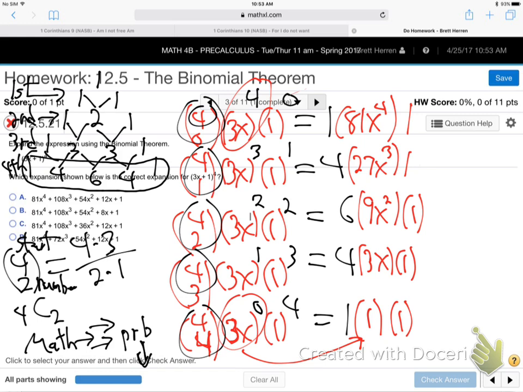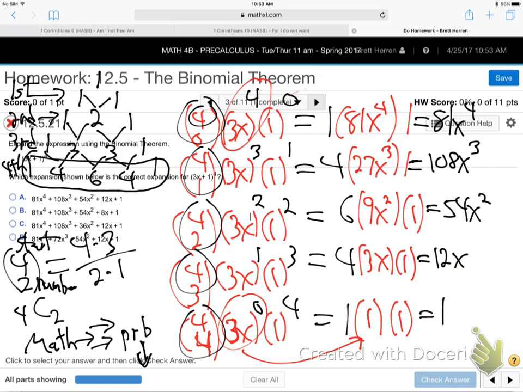All right, put it all together. What do we got? This is 81x to the 4th. This is 4 times 27. What's that? 108. Thank you. 108x cubed. 54x squared. 12x and 1. Those are the terms, the answer.